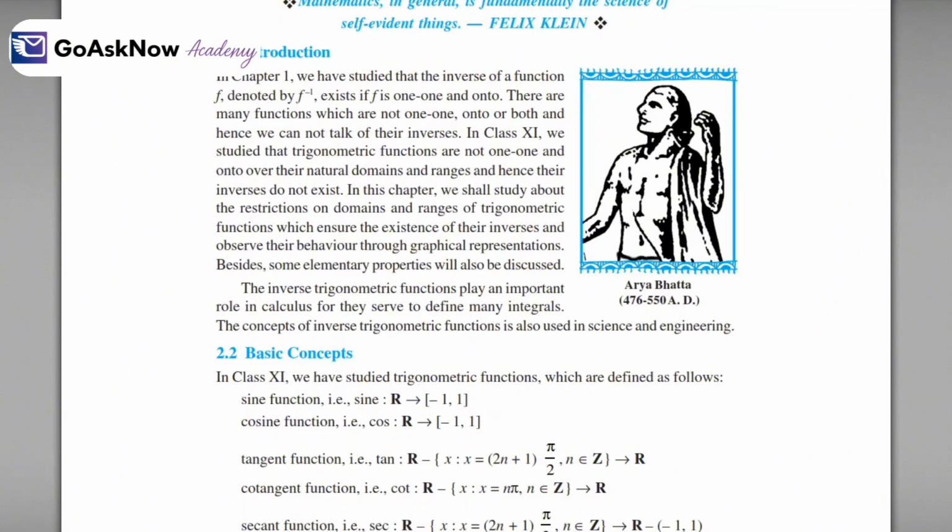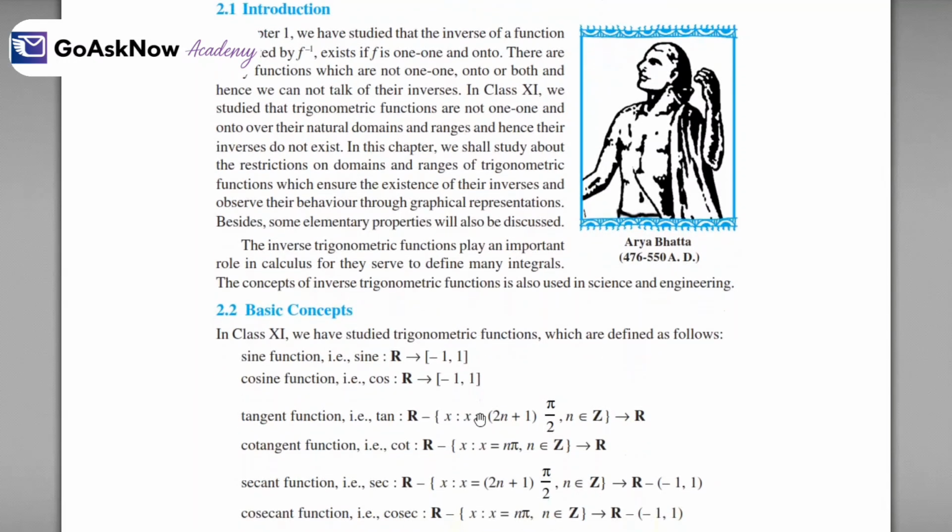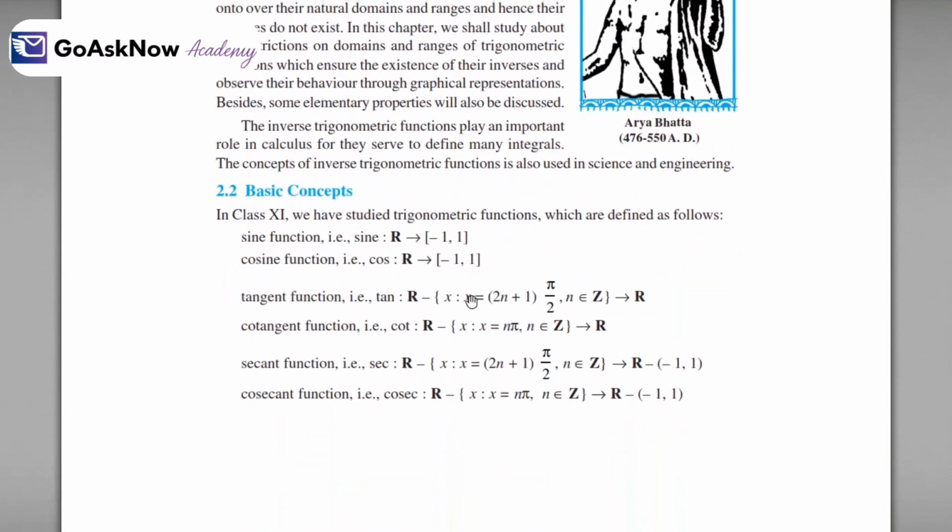Besides, we will see some elementary properties also. Inverse trigonometric functions play an important role in calculus, and are used very much in integrals and differentiation.